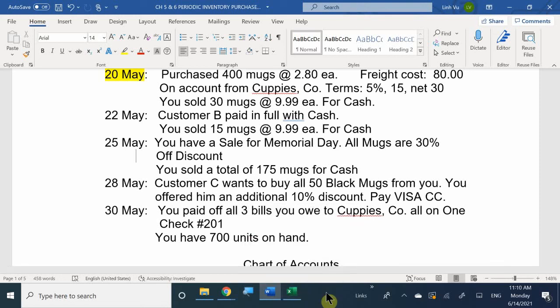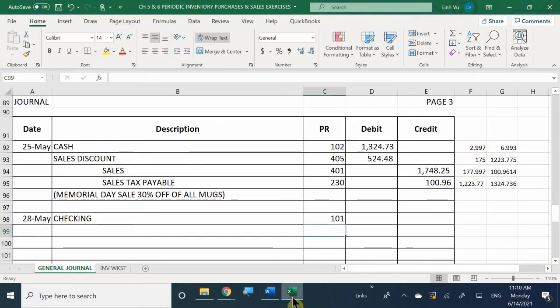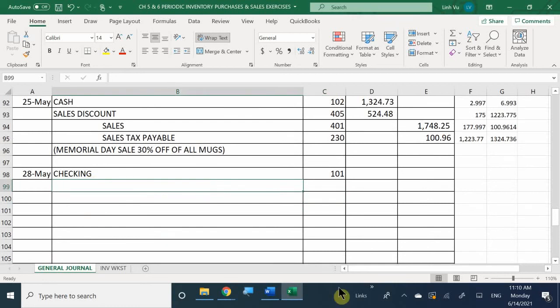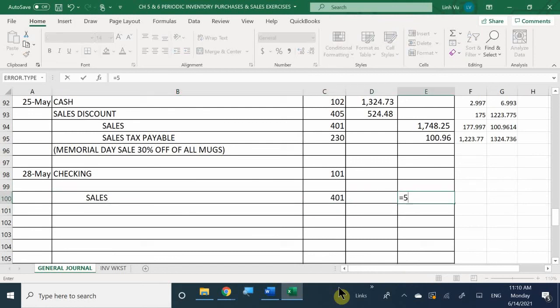I sold to customer C all 50 black mugs, but I gave him a 10% discount. So the total price at $9.99 is $499.50. Then I took 10% off of that, which gave me $49.95.